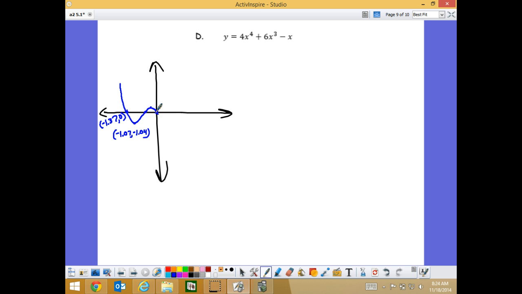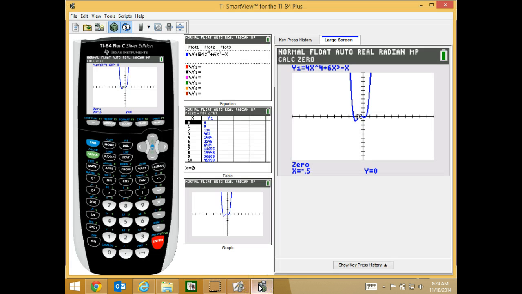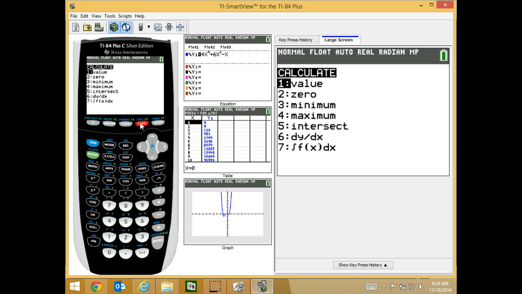And based on our equation, we should be able to see that that y-intercept is the point 0, 0. And this x-intercept is negative 0.50. That's the point 0, 0. We're going to have another maximum that we're going to calculate. So back on the graph, we're going to calculate a maximum.